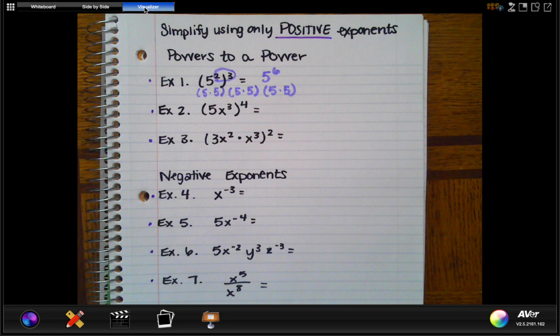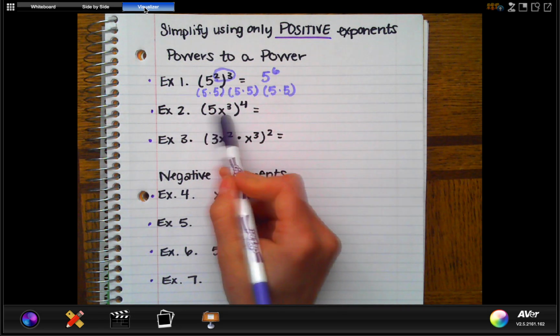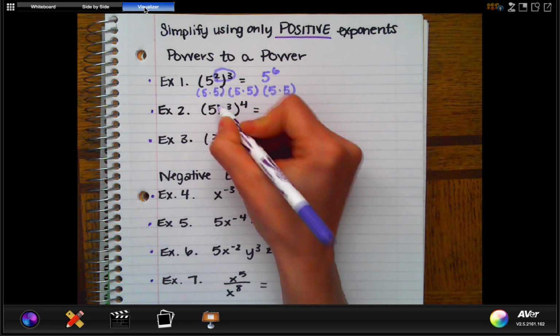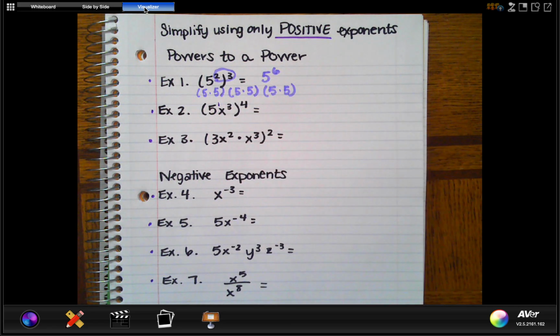Now, the same holds true for multiple bases inside the parentheses. If you recall back when we learned about this earlier, every single number, every single variable does have an exponent on it, whether you can see it or not. So this 5 actually has a hidden 1 as an exponent on it.